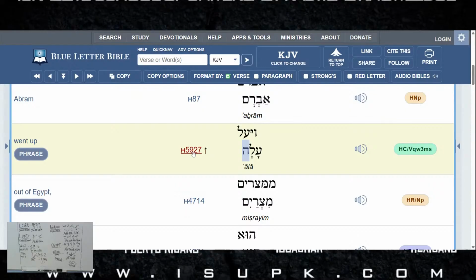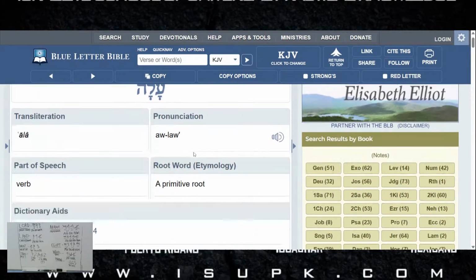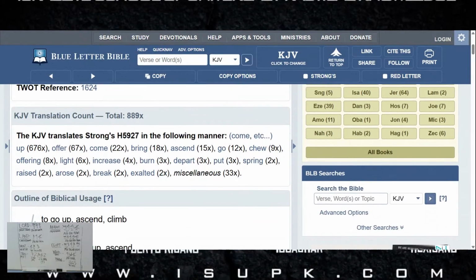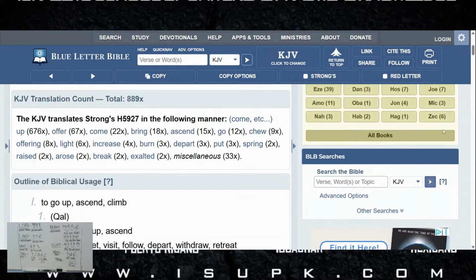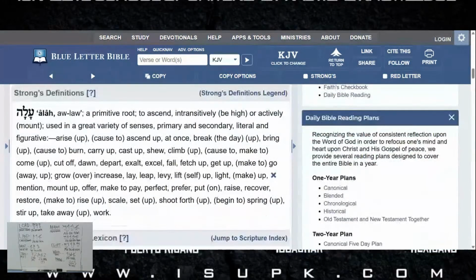All right, let's take a look at the context. Ilah, let's go down. Strong's concordance. Come, up, offer, bring, ascend, depart, put, spring. Different ways that it was used. Now let's go into the Strong's definition. Here we go. This is the concordance definition. To ascend, and transitively be high or actively mount, right?